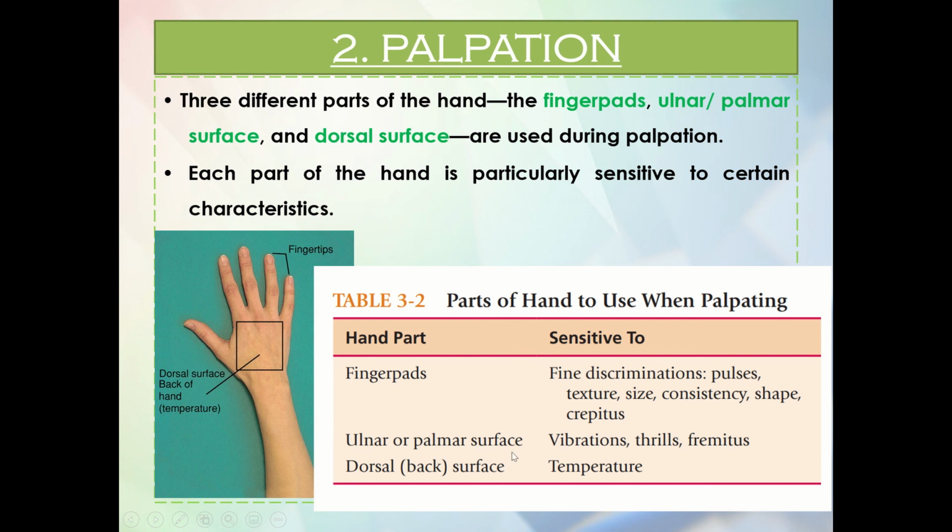Your ulnar or palmar surface, sensitive yan sa vibrations, thrills, fremitus. And then dorsal or the back surface, sensitive yan sa temperature. So yun yung gagamit. For example, we wanted to check for the temperature of the patient. So definitely, ang gagamit is this one, the dorsal or the back surface of your hand.